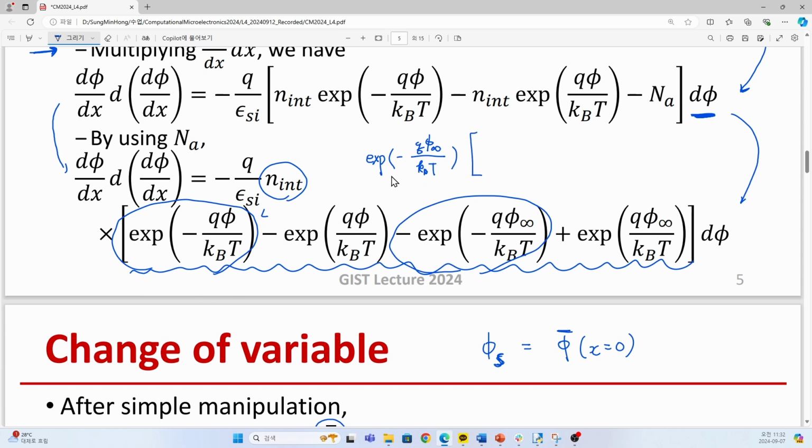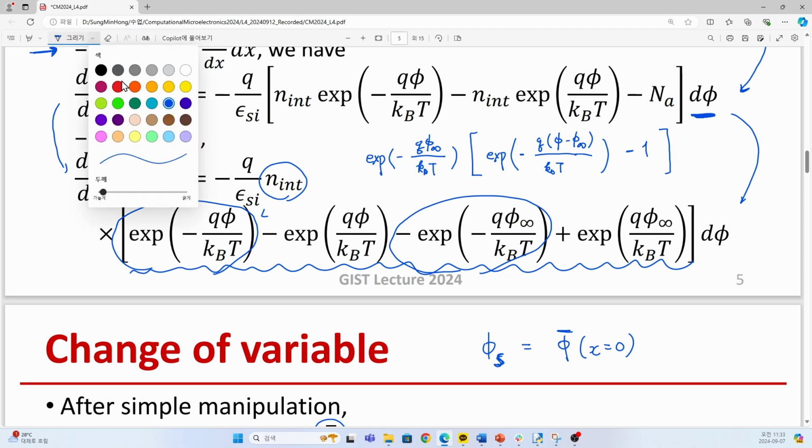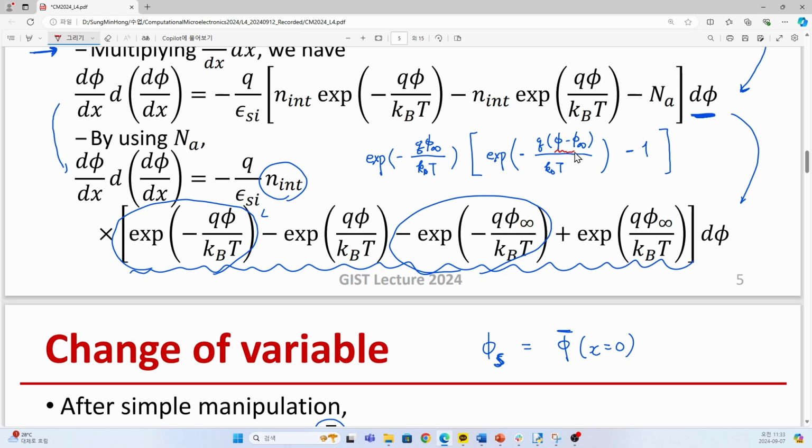Of course, since common factor is taken, we have to have something like this: exponential minus q over kBT and phi minus phi infinity comes in here. And of course, this third term just gives minus 1 because third term itself pops up here. So we have just minus 1. So, this is quite lengthy.